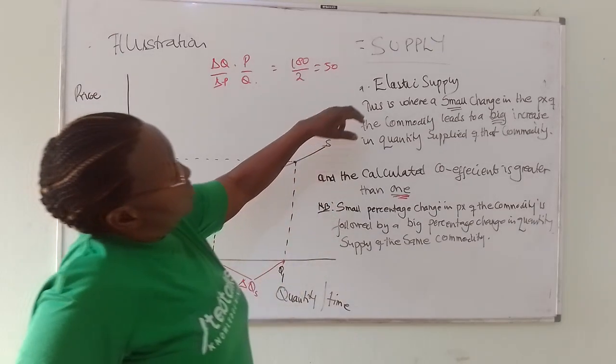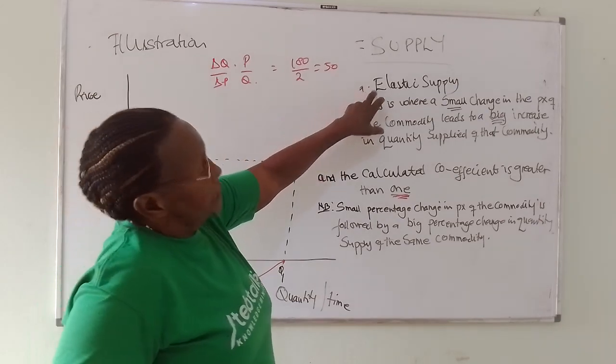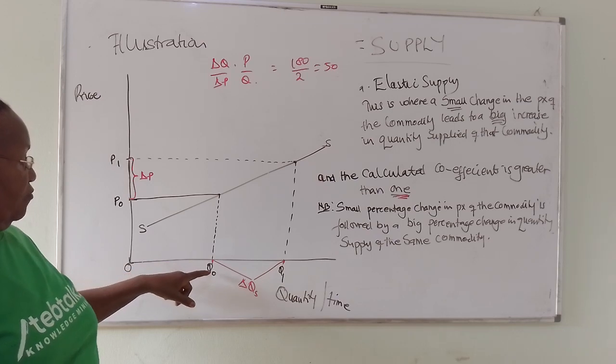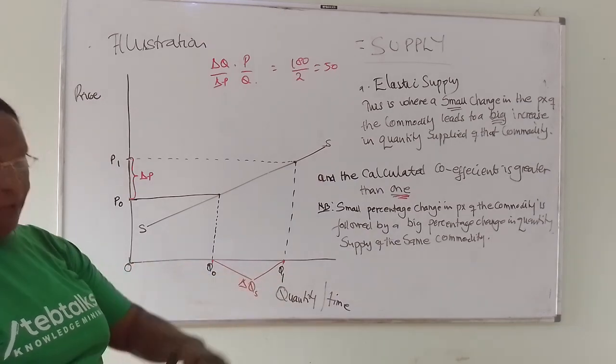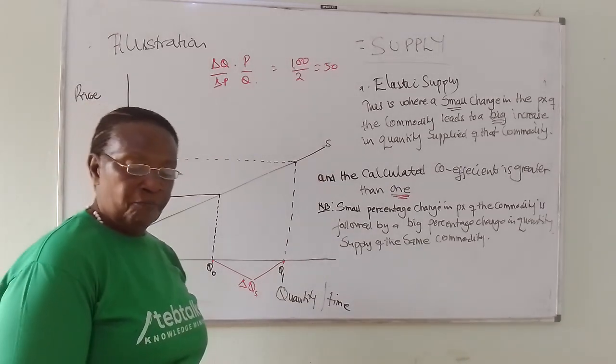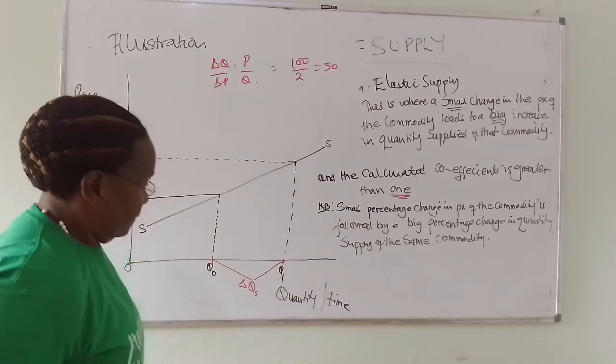So there we conclude that the supply of that commodity is elastic. As you can see, it is increasing from a smaller quantity to a bigger quantity as a result of just a small change in the price of the commodity.